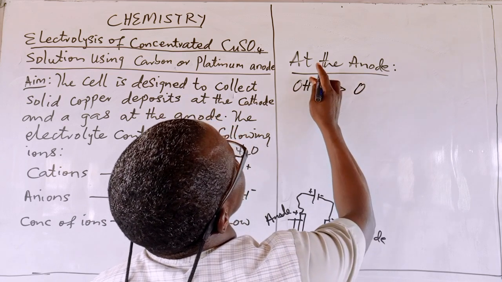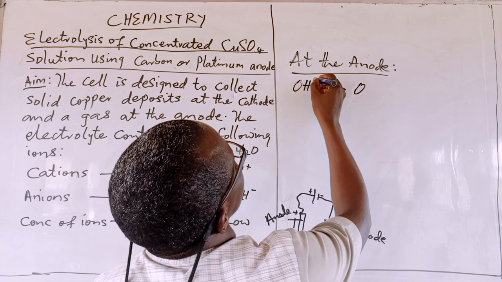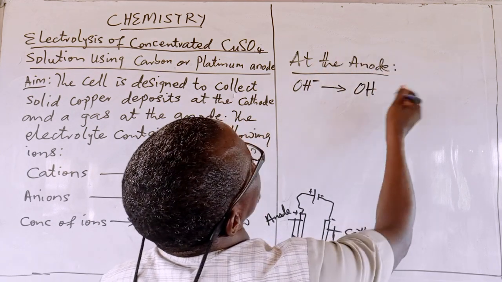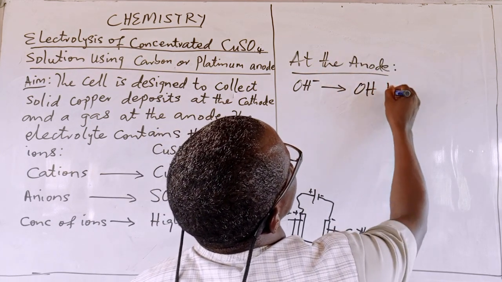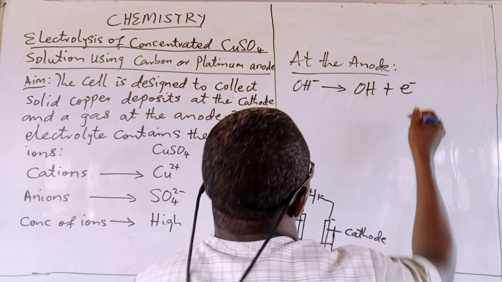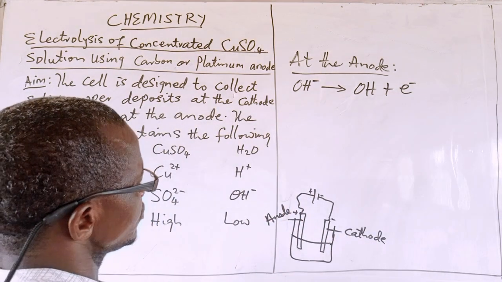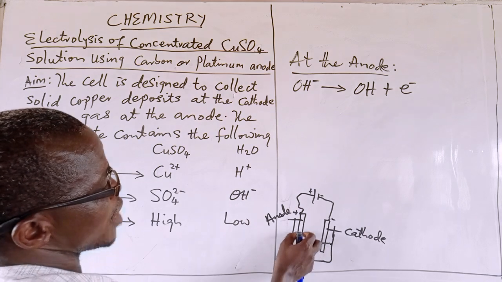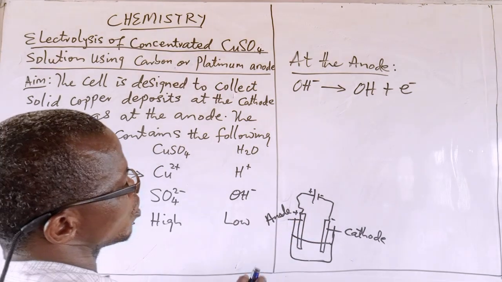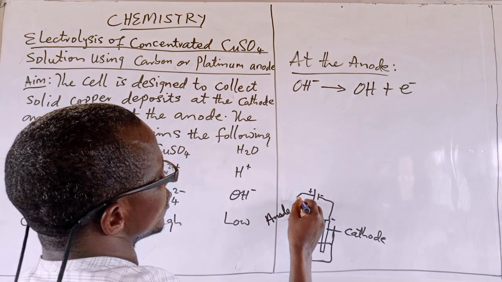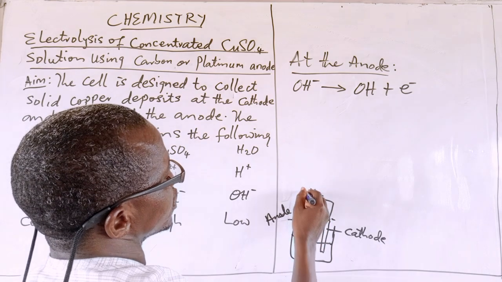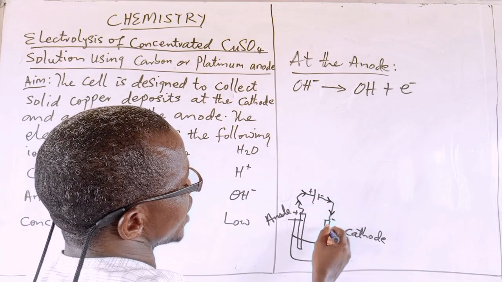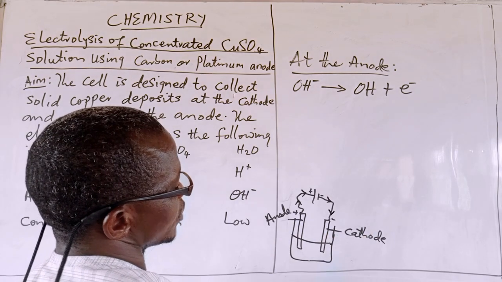This minus you are seeing here is the electron, the excess electron it has. It will give out that electron to form the OH group. It will give that electron to the electrode, and the electron will flow upward in this direction and then enter back through the cathode.